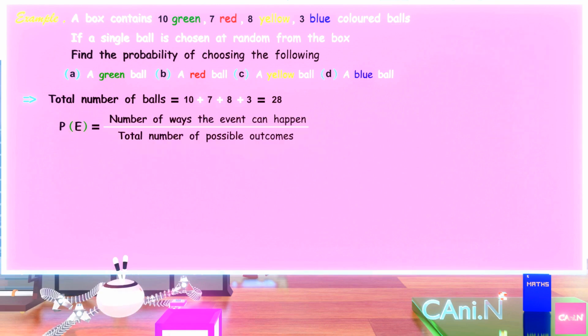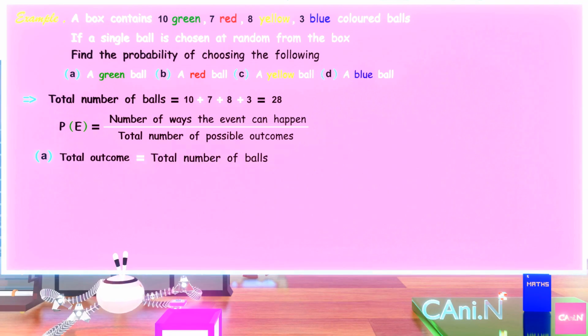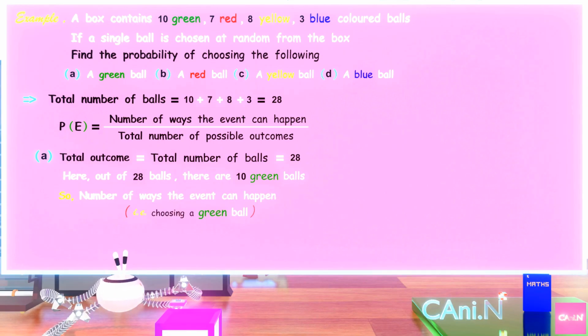We know probability of an event equals number of ways the event can happen by total number of possible outcomes. So, for a green ball, total outcomes equal total number of balls equals 28. Here, out of 28 balls, there are 10 green balls. So number of ways the event can happen, that is, choosing a green ball equals 10.